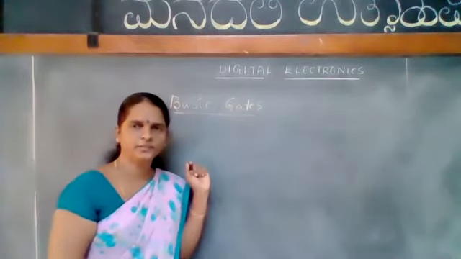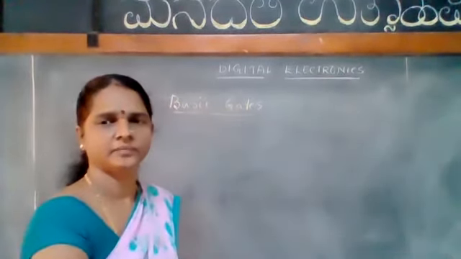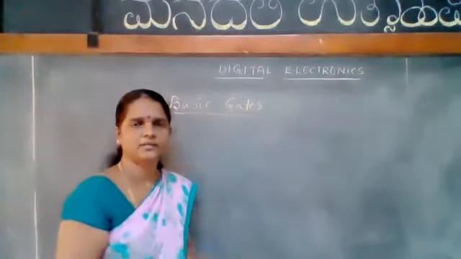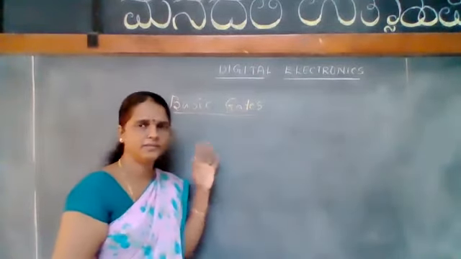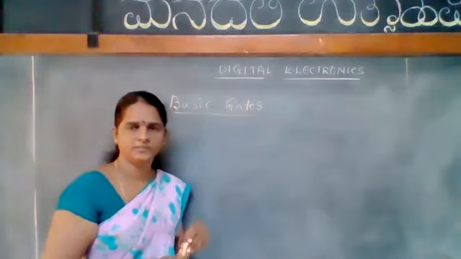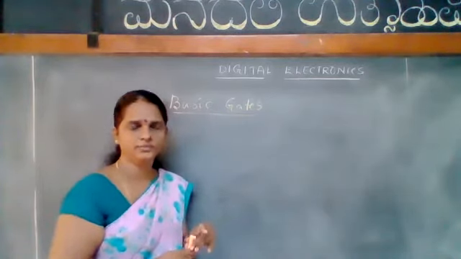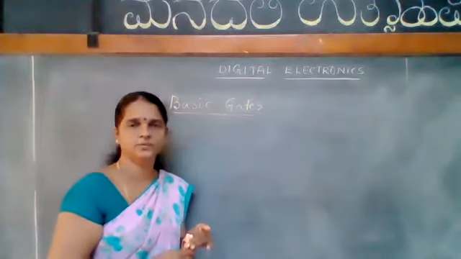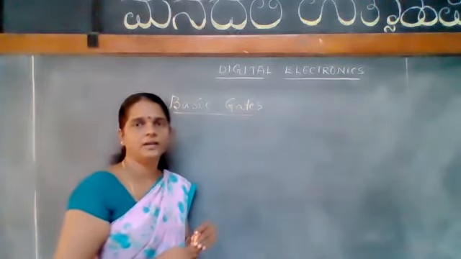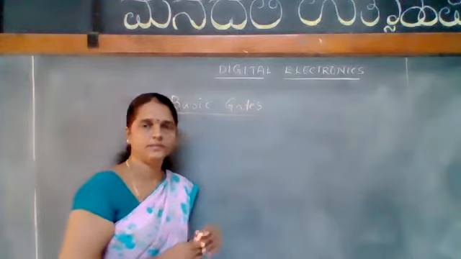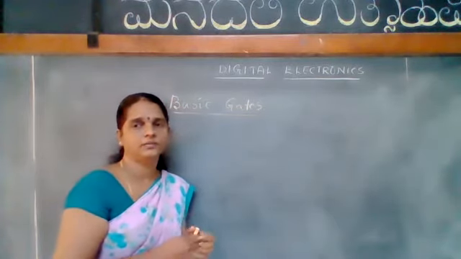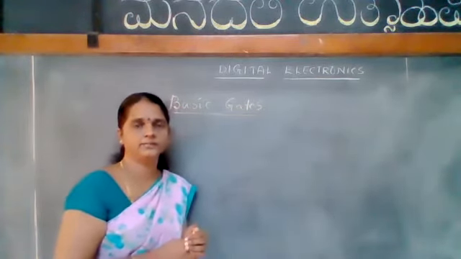So, in digital electronics, we have started with the number system. That was the second unit. In the third unit, we have started with what is Boolean algebra, and we have seen different definitions in Boolean algebra.